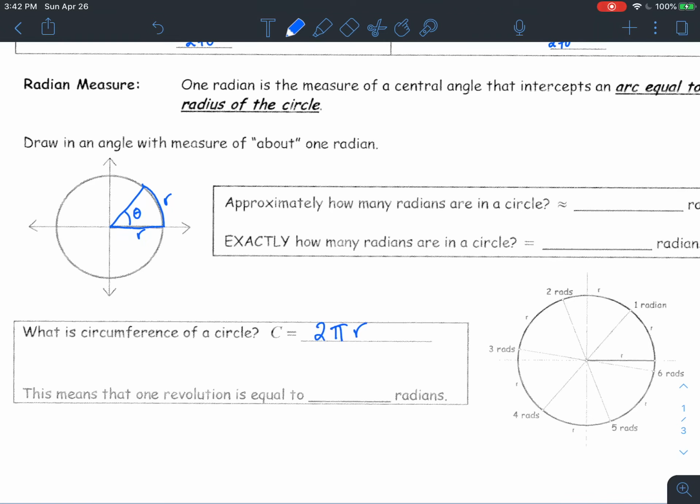So that means that 1 full revolution, if I have r as my radius, would just be 2 pi radians, because 2 pi r equals the length around. And again here, since my radius is the length around the outside, if I just divide by that r value, that is 1 full rotation.